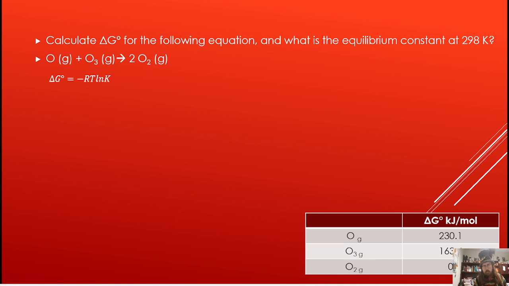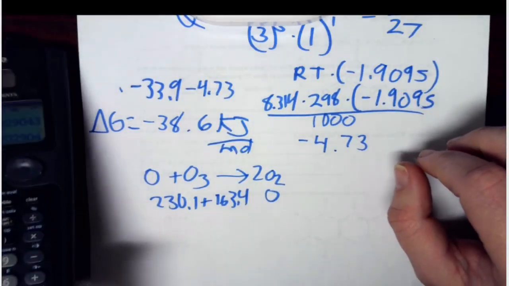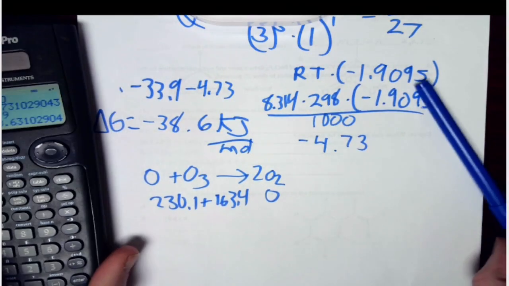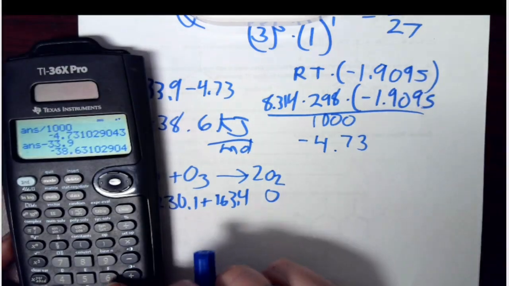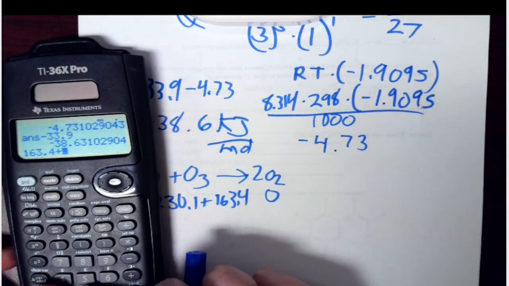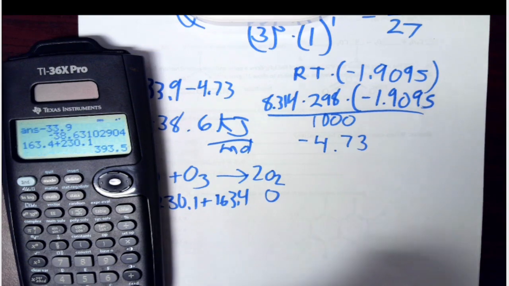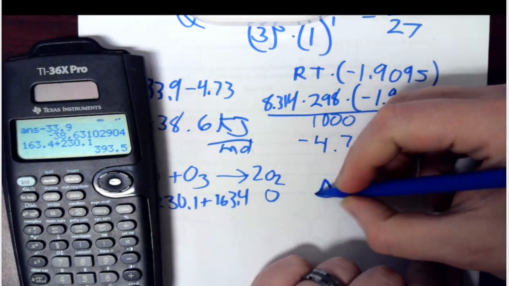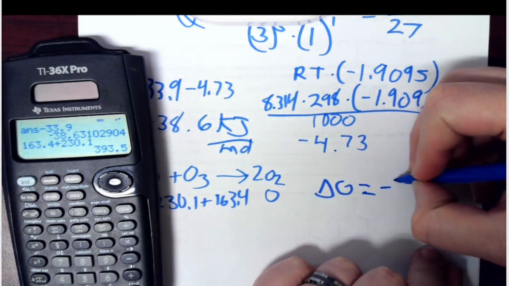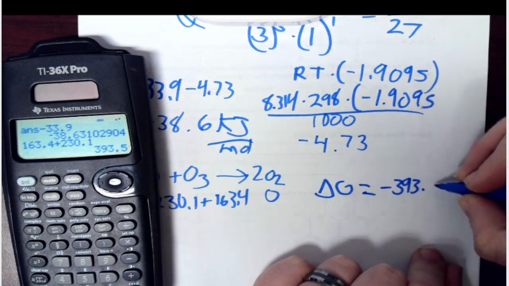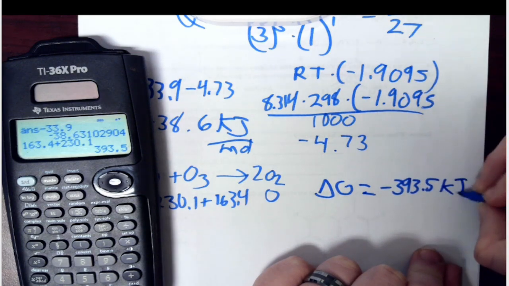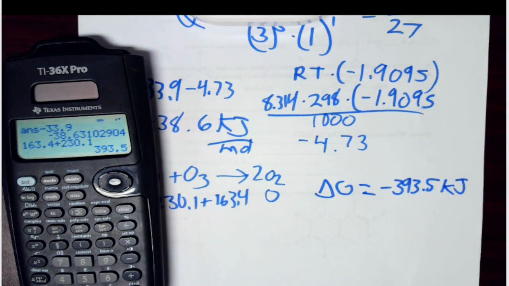Okay, so products minus reactants. So 163.4 and 230.1. Delta G is negative 393.5 kilojoules. This is a very spontaneous reaction.